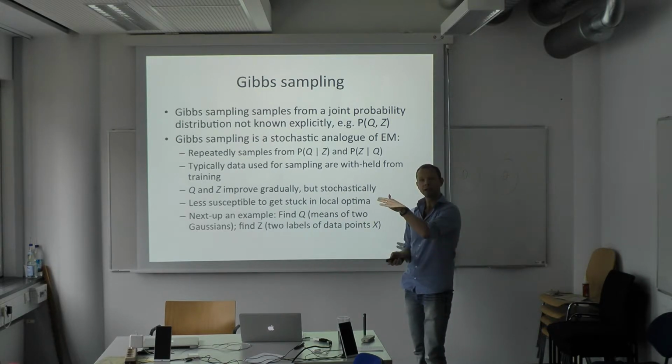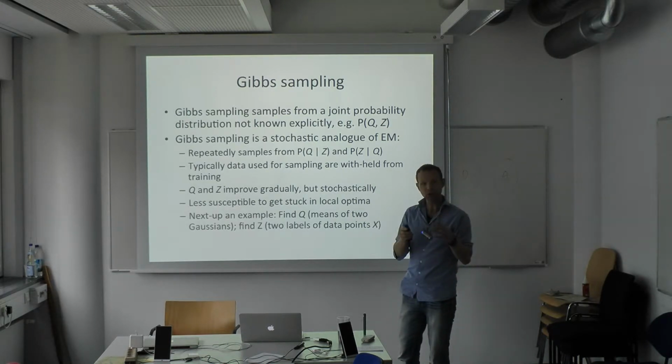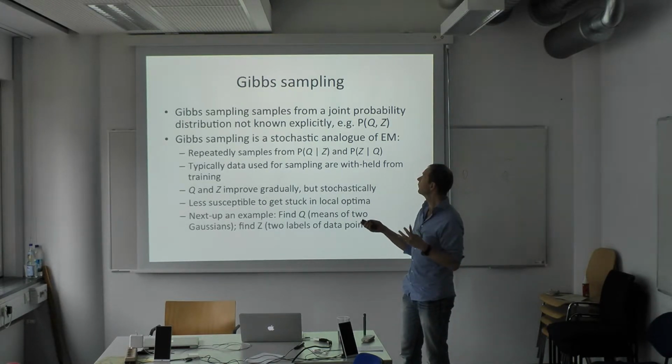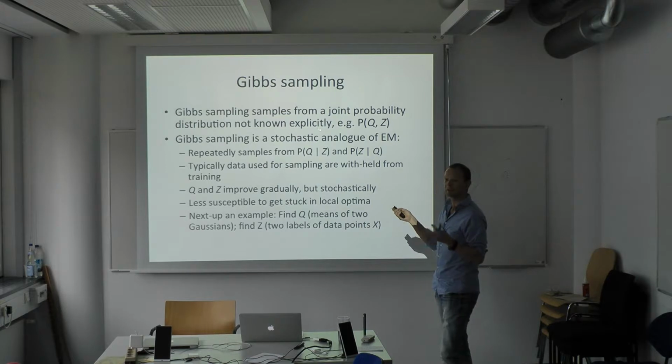Okay, so the one that I'll focus on is Gibbs sampling because it's slightly easier to understand. But they do share quite a few features, and they can be used to solve the same type of problems. So Gibbs sampling samples, as the name suggests, from a joint probability distribution not known explicitly. So the same kind of problem, it's just that EM doesn't sample.